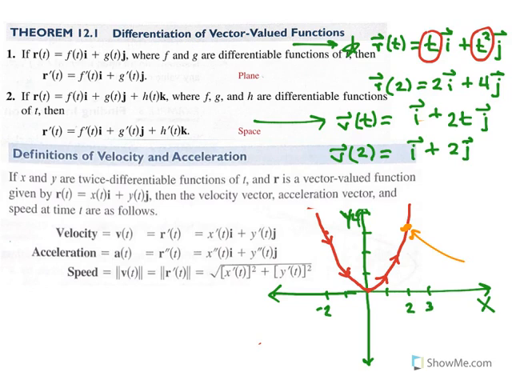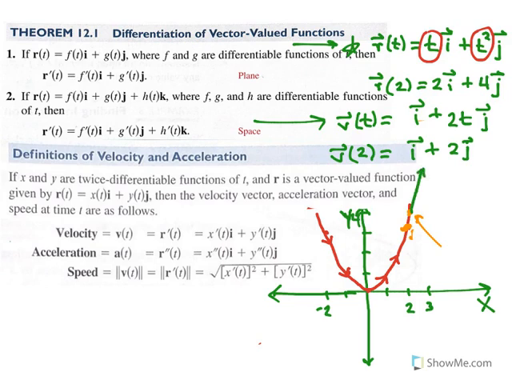Well, actually, it's not quite there. It's at 2, 4. So that would be about here, actually. 2, 4. So that's where the object is at time t is equal to 2. And here's my velocity vector at time t is equal to 2. Horizontal component of 1 and a vertical component of 2. So it will look something like this.